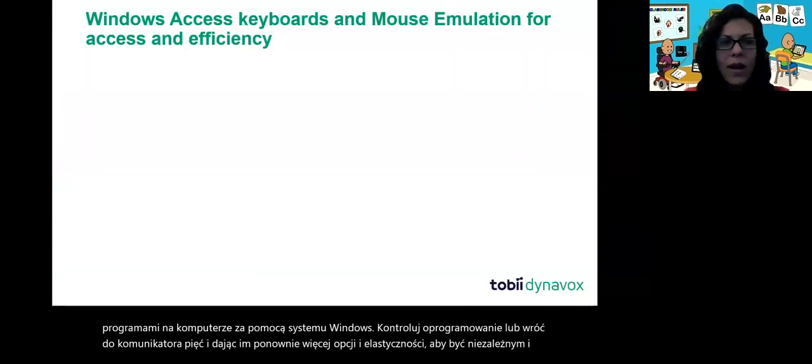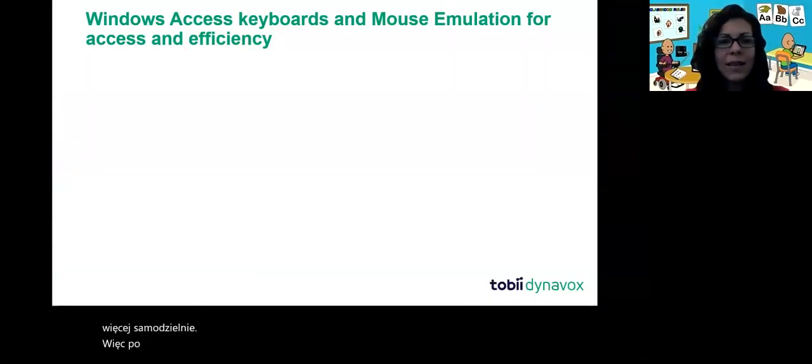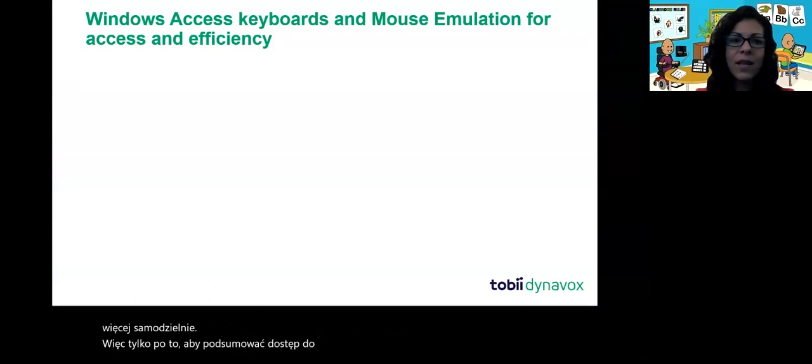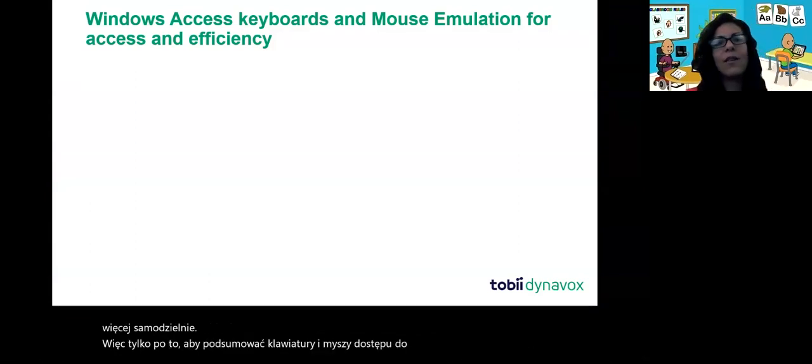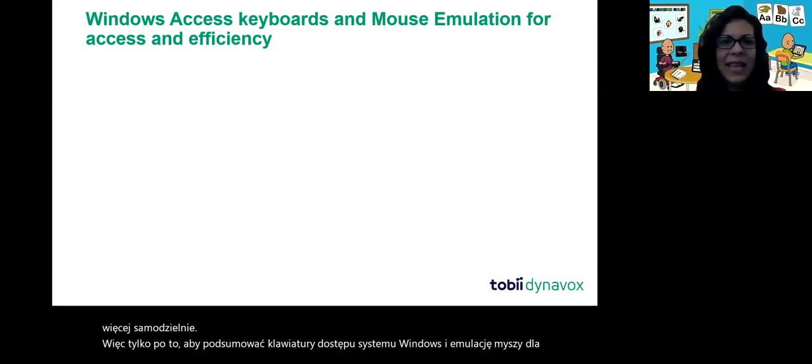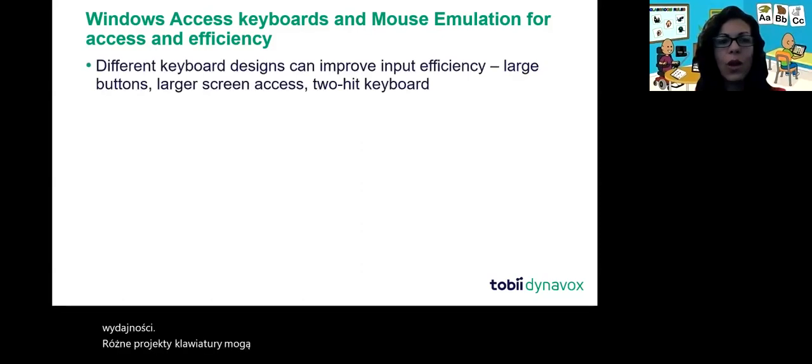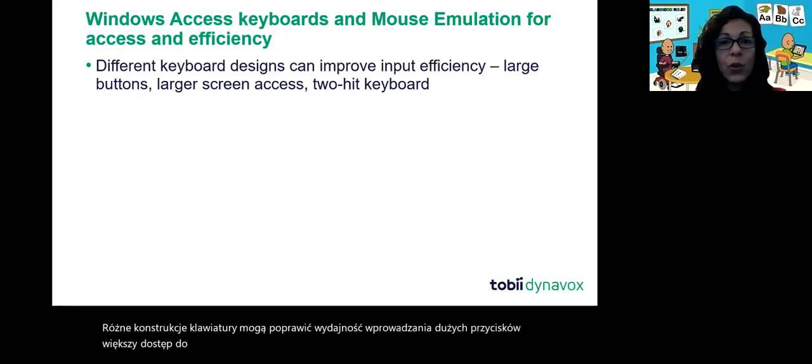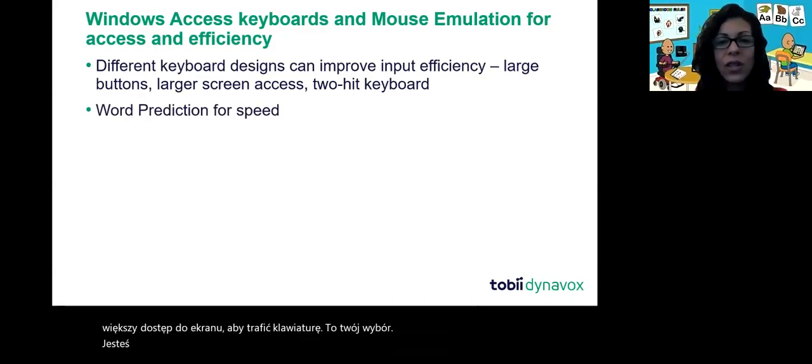So just to summarize, the Windows Access keyboards and mouse emulation for access and efficiency. Different keyboard designs can improve input efficiency. Large buttons, larger screen access, two-hit keyboard. It's your choice. You're in charge as a user. Word prediction for speed and accuracy. It's really time saving.